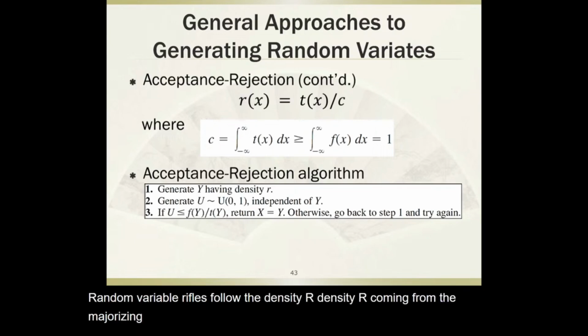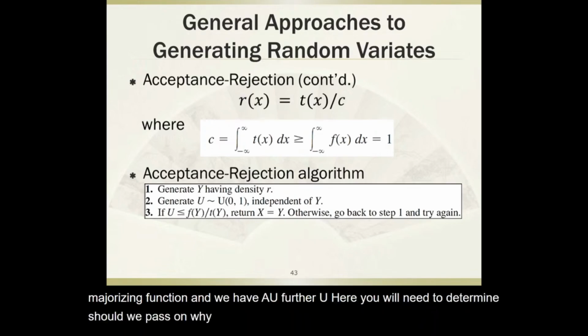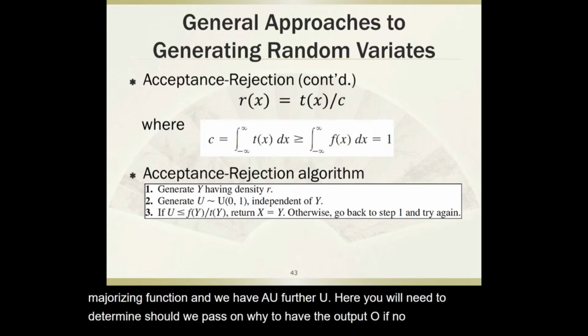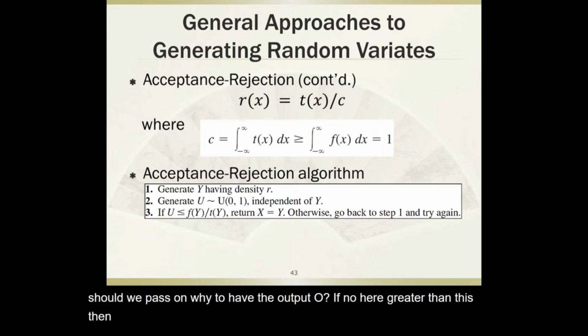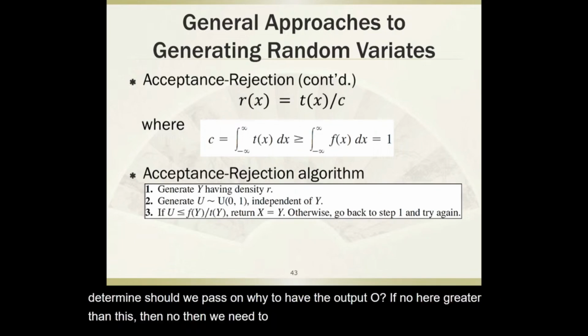And we have a U further. U will determine, should we pass on Y to have the output? If no, if U is greater than this, then no, and we need to repeat the procedure.